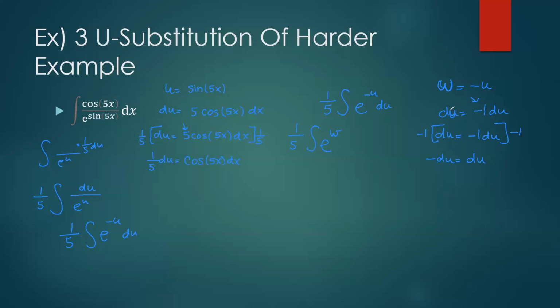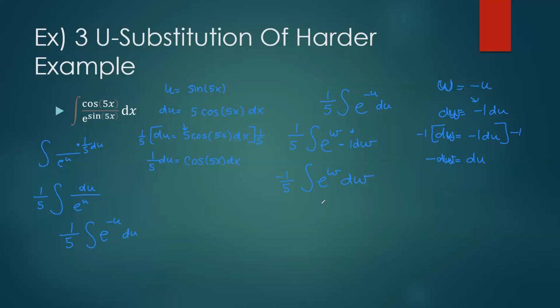This should be dw, right? The integral of e to the w is dw. So you're going to replace du with -1 dw. And then because this is a constant, you could take it out. So now it'd be -1/5 e to the w dw.